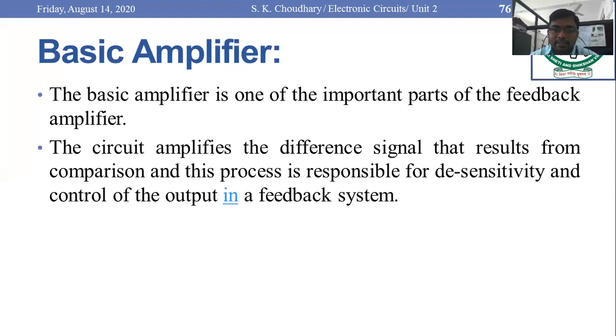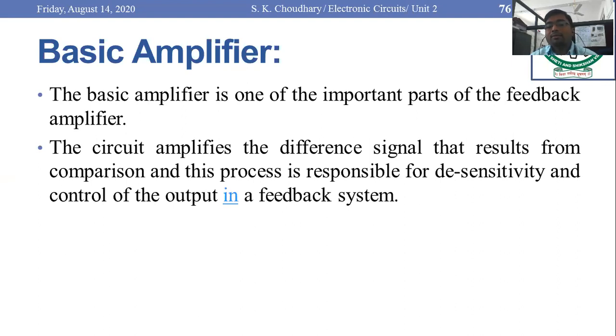So basically it is an open loop amplifier system that we use as a basic amplifier. This amplifier circuit consists of active devices like MOSFET, BJT or op-amp. These kinds of active devices would be used to construct this basic amplifier.